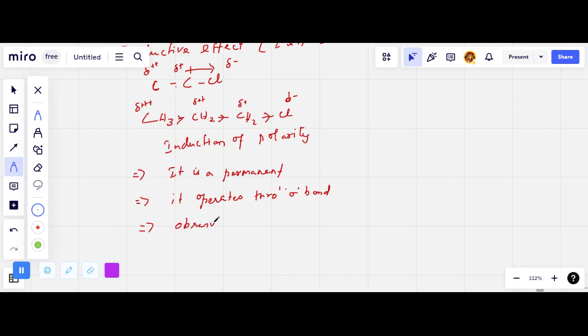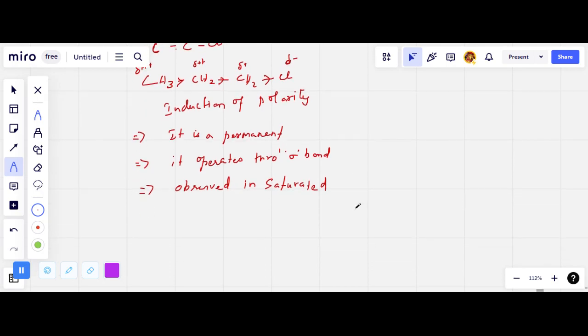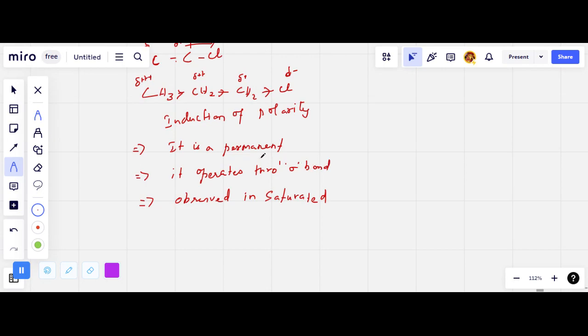For practical purposes, the inductive effect of a second carbon is ignored. So நம்ம இதை வந்து ரொம்ப கன்சிடர் பண்ண மாட்டோம். இந்த செகண்ட் கார்பன் அண்ட் தேர்ட் கார்பனை வந்து ஆக்சுவலாக ரொம்ப வந்து கன்சிடர் பண்ணுறதில்ல.